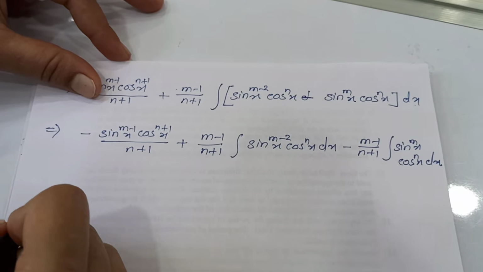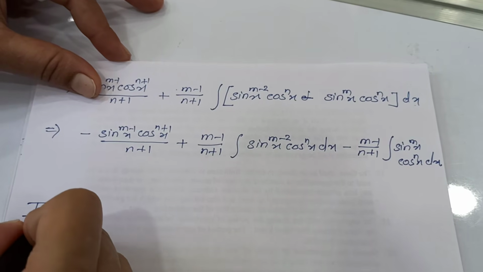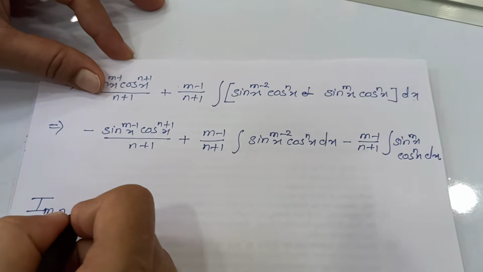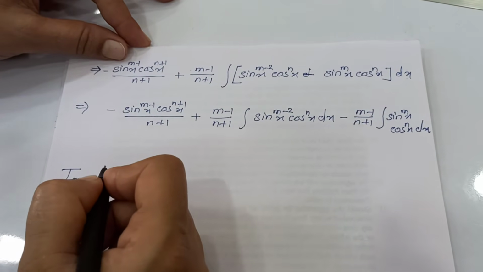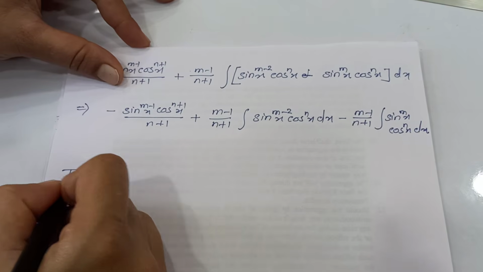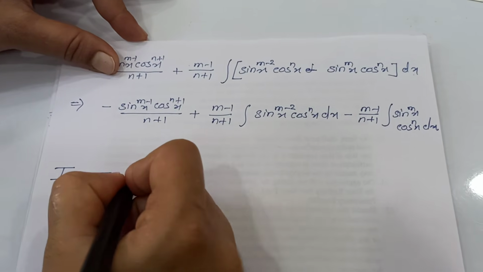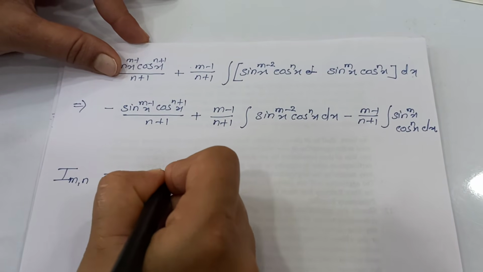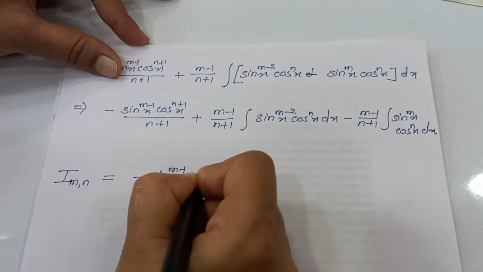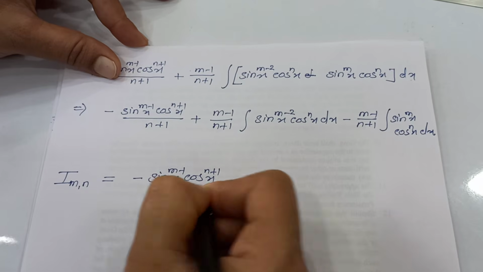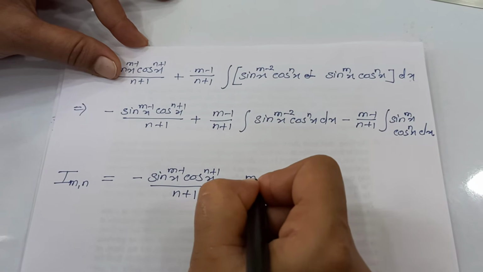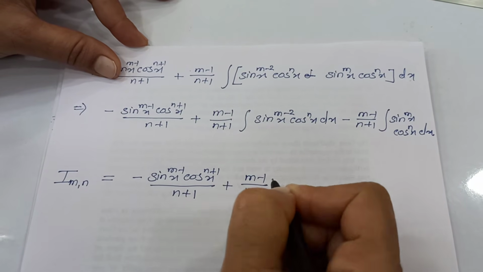So we know that on the left hand side we have I m comma n. So it is basically the integration of sin raised to m into cos raised to nx dx. So I m n we have on this side. Now this term as it is, then plus m minus 1 upon n plus 1.